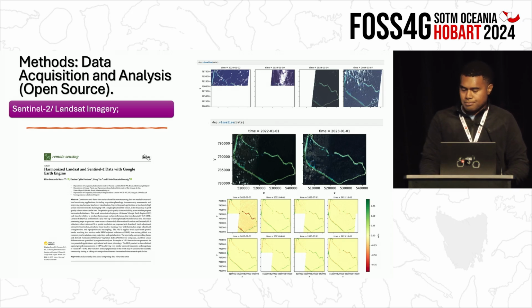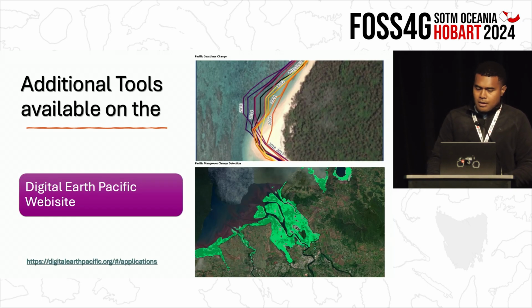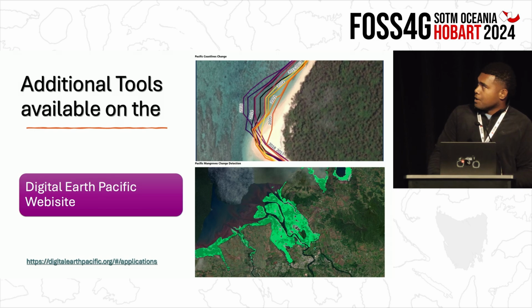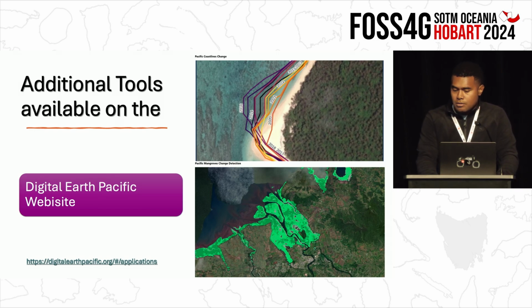We derived multispectral and temporal data. Additional tools available to the project were the Digital Earth Pacific tools, the coastline tool, which showed the coastline change over the past 10 years, and also the mangrove detection tool.